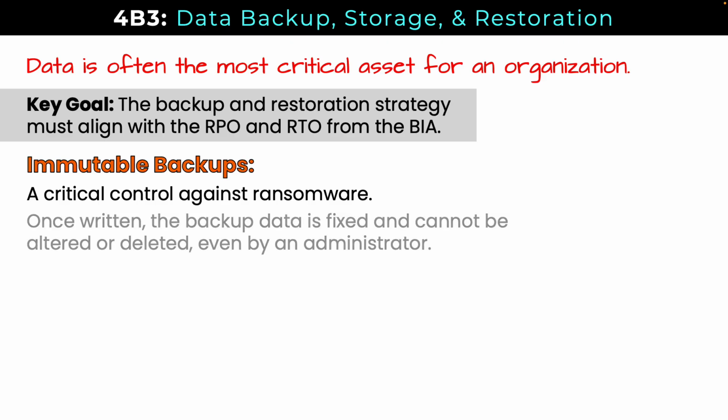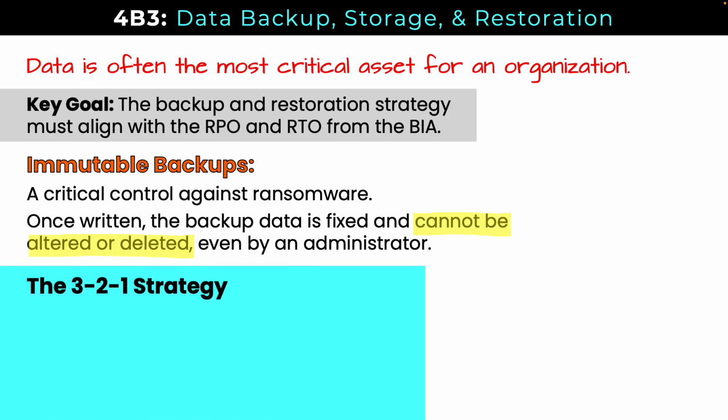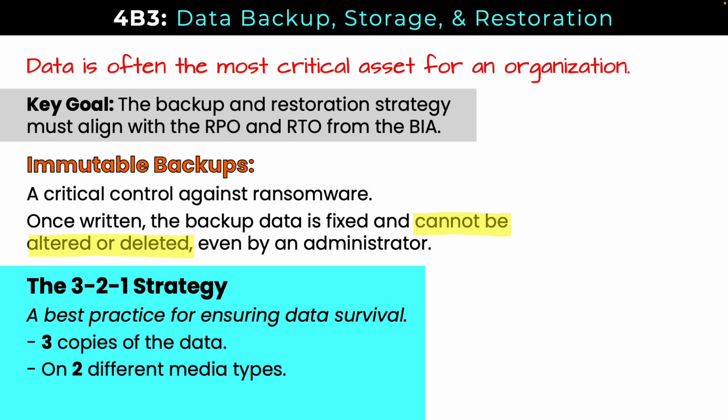So once the data is written, the backup data is fixed and it can't be altered or deleted even by an administrator. So we call that immutable. There's the 3-2-1 strategy. This is a best practice for ensuring data survival in a number of circumstances. We have 3 copies of the data on 2 different media types with 1 copy kept offsite.